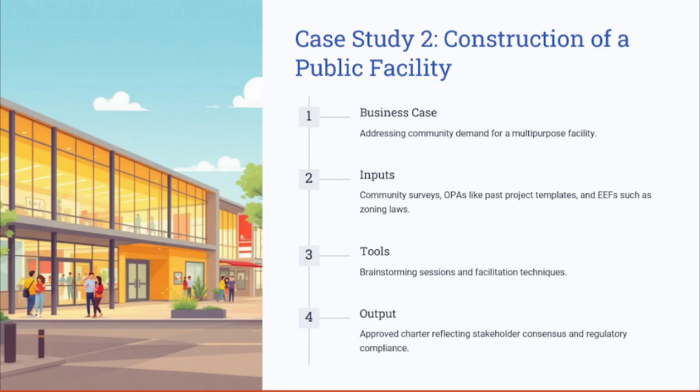So the key inputs, tools, and outputs here: the key input is the business case, which has to address the community demand for a multipurpose facility that serves the public. The inputs also include community surveys, OPAs, the organizational process assets like past project templates, and EEFs, such as the zoning laws.